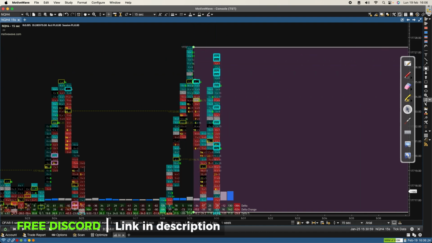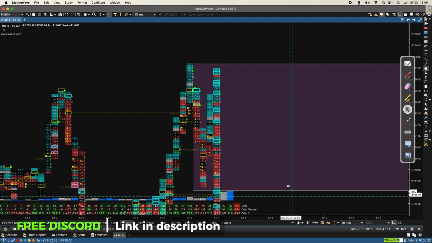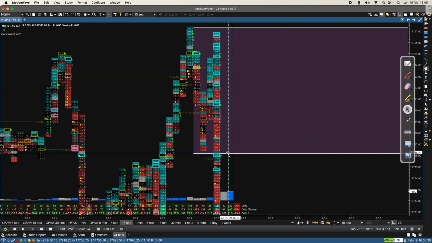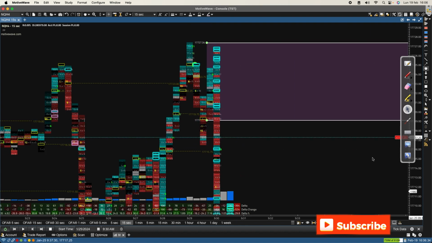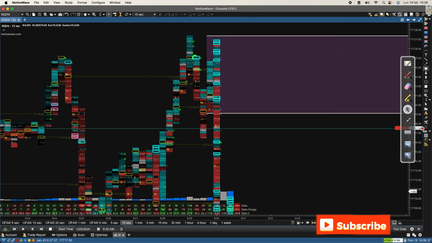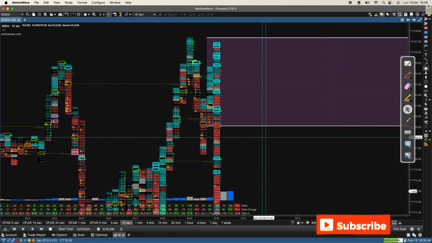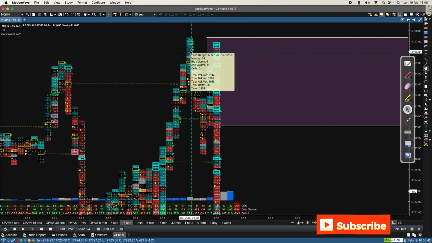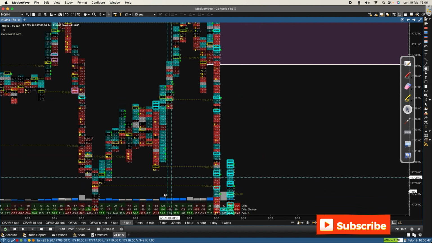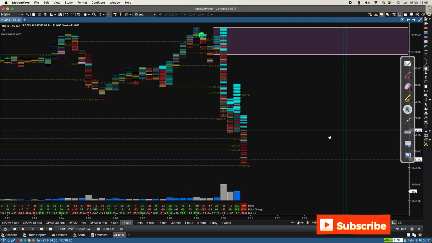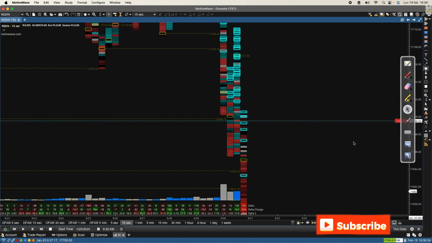This is a very clear solution, to be honest, and we are going to take this as a supply as well. Probably I will enter with half size, because we have absorption, but this is not a clear manipulation. We know that the trend is bullish, so I don't like it so much.